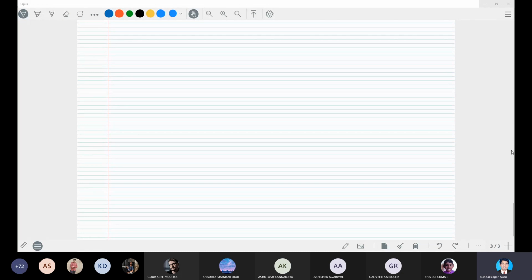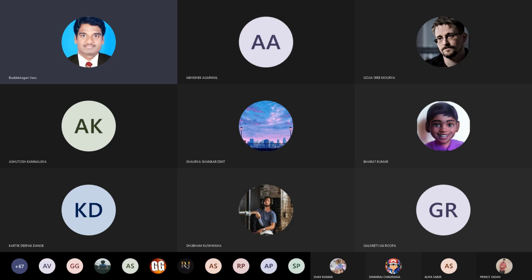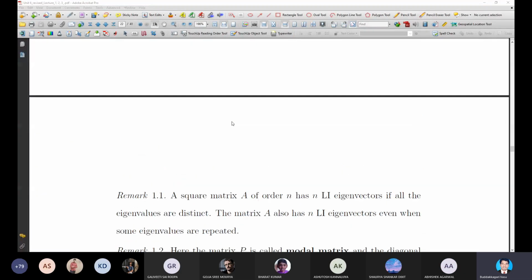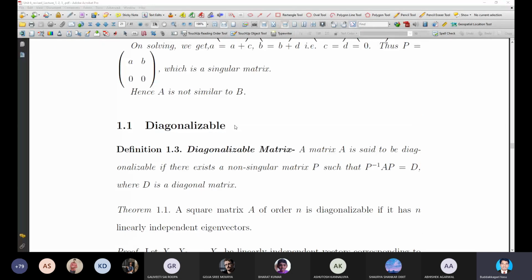So there I would like to show you. Is my screen visible to you? This is where the diagonalization has been written, everything.